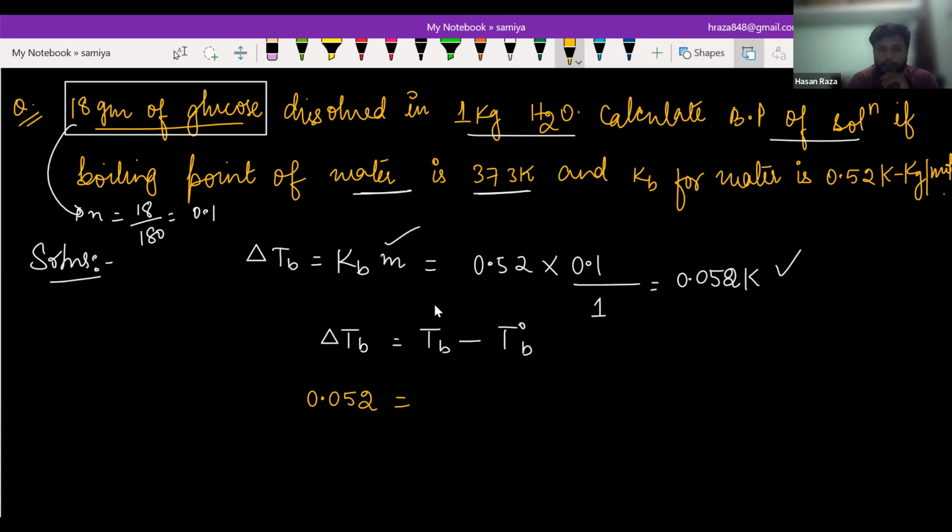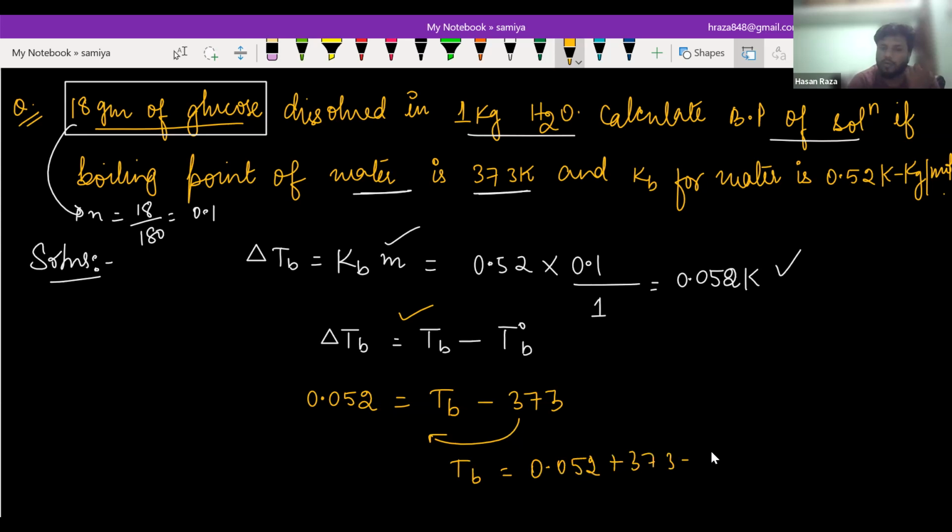The boiling point of solvent is given as 373, and when we move this to the left hand side, Tb will be equal to 0.052 plus 373. That will have a value 373.052 Kelvin. Got it?